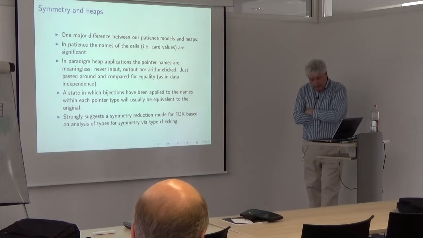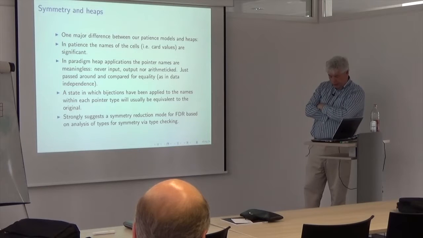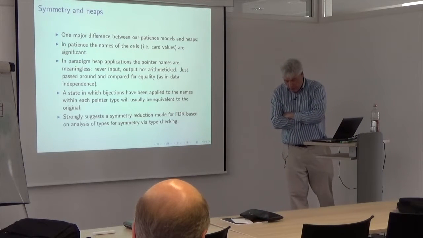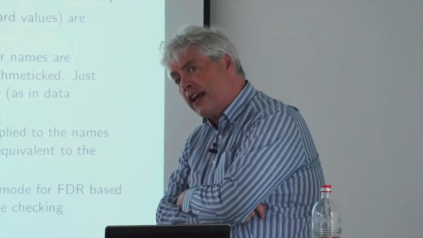And so, of course, we immediately realized in trying to develop these ideas as ways of handling pointer structures that we would need to find ways of factoring out that symmetry.